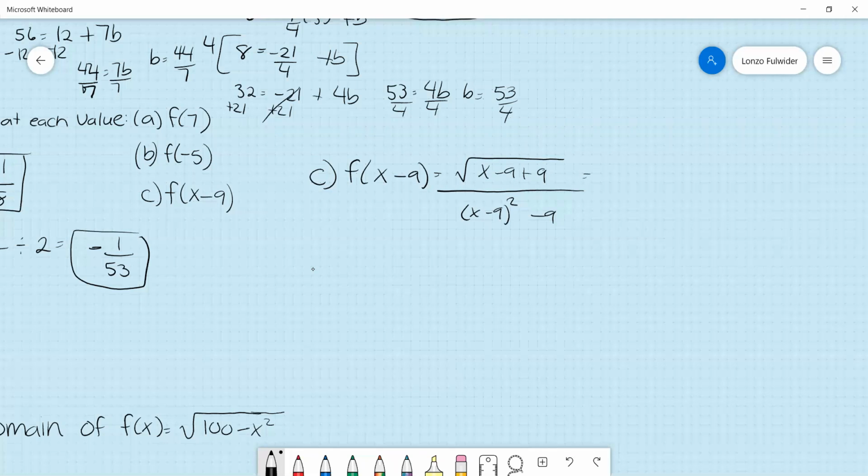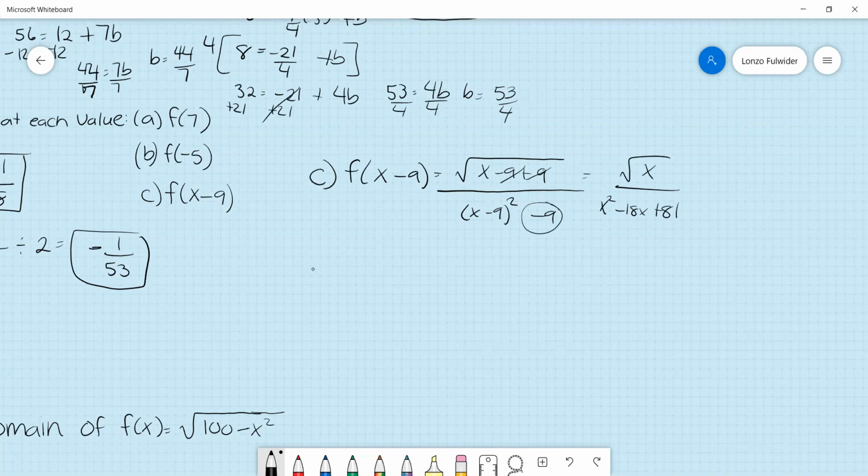Let's simplify. The 9's cancel on the top, so you're just left with x. So this is just going to be square root of x. And then x minus 9 squared, you have to FOIL it out. If you FOIL x minus 9 squared, you're going to get x squared minus 18x plus 81.